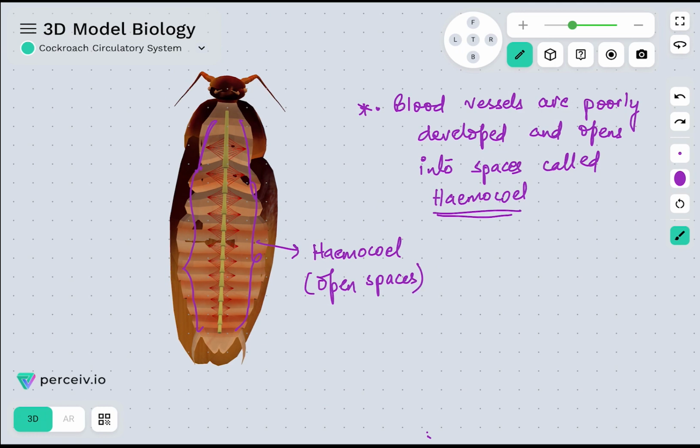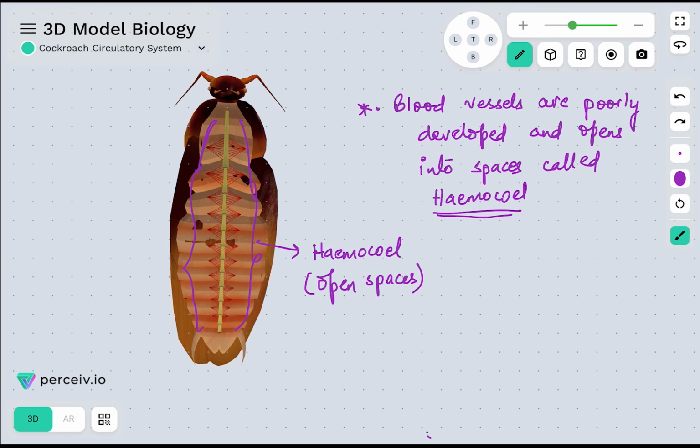Now, all the visceral organs located in the hemocoel are, as I already told you, directly bathed in the blood. Coel basically means cavity, and since all the organs are directly bathed in the blood, it is called hemocoel.